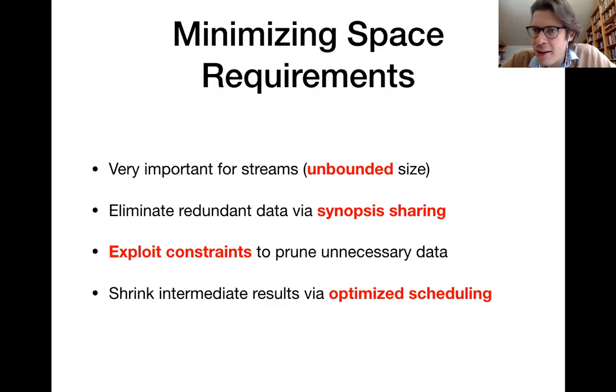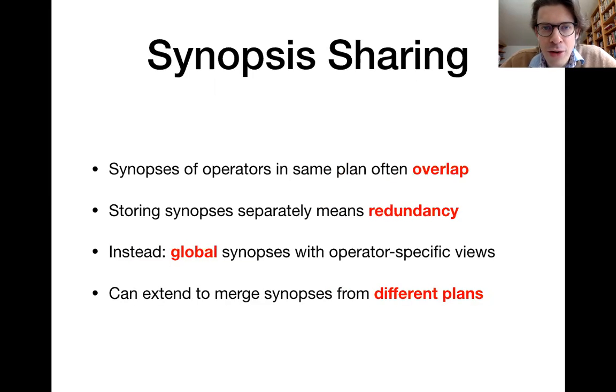Also, we have seen that there are constraints, for instance, on when certain tuples can arrive in certain streams. If we exploit those constraints, then we can often reduce the amount of data that we need to keep around. And finally, I mentioned that we can also shrink intermediate results by smart scheduling. In the following, we're going to see a little bit more how that works.